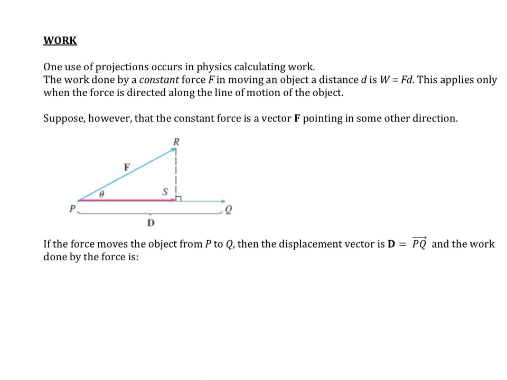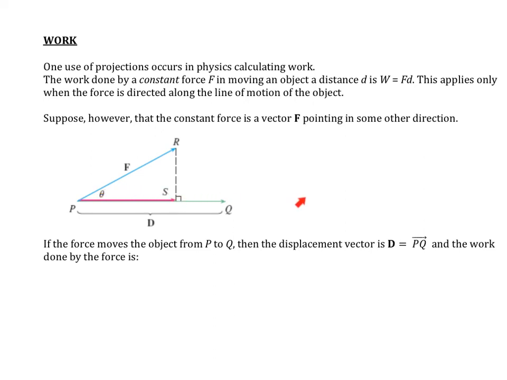The work done normally applies only when the force is directed along the line of motion of the object. So if you're pulling from right here and you're moving the object along this line, that's where the formula W equals force times distance applies.